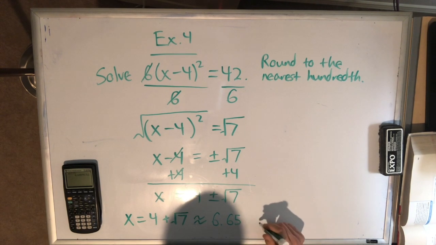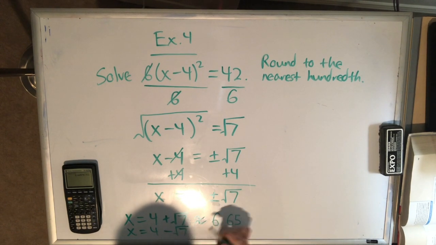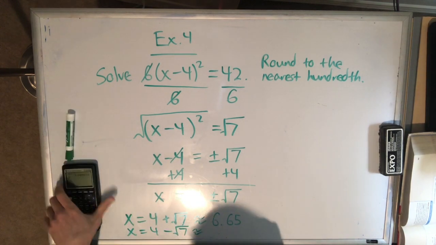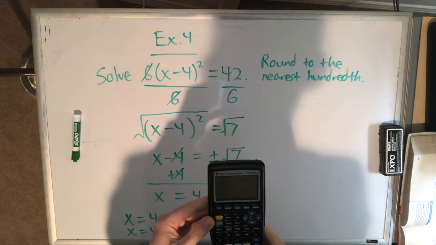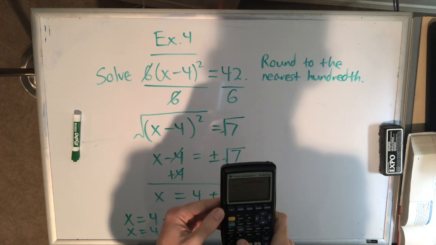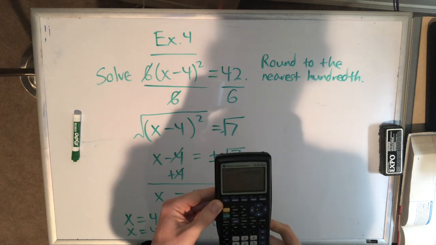Now let's find x equals 4 minus square root of 7. So 4 minus, second button, x squared button to get the square root symbol above the x squared button, 7, close the parentheses.